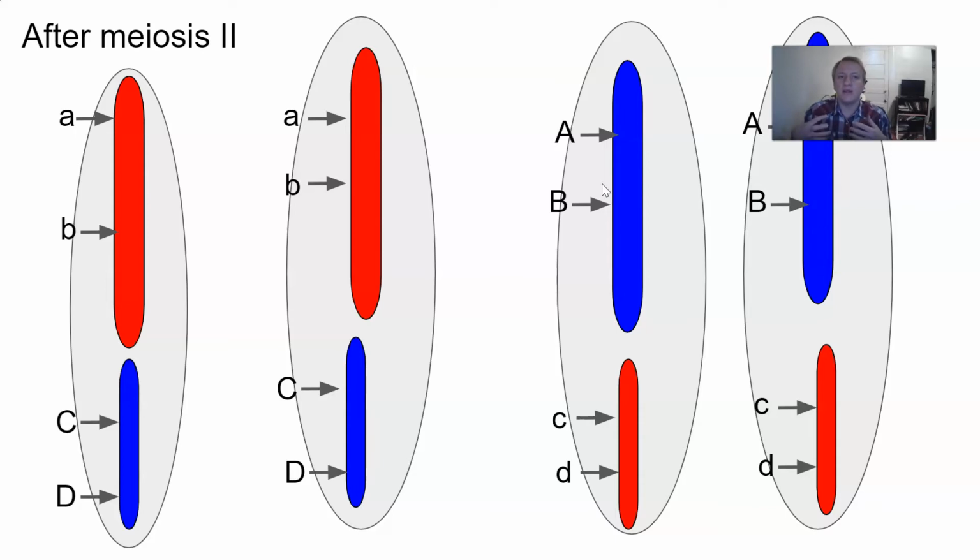Independent assortment lets genetics mix and match everything up so that you wind up with much more diversity than you would have had without this process happening. So the whole point of sexual reproduction is to increase diversity of your offspring. And one of the ways in which meiosis can do this is through independent assortment.